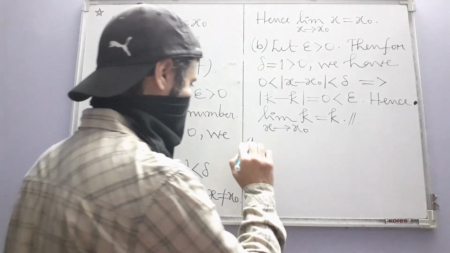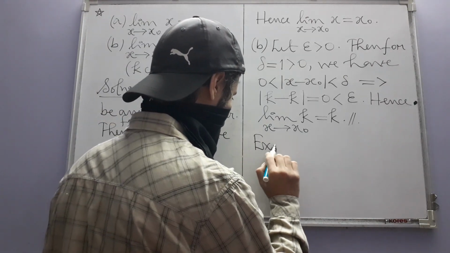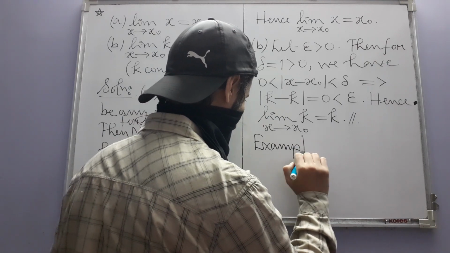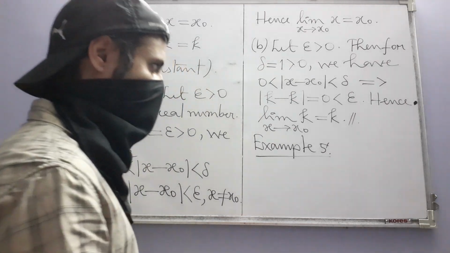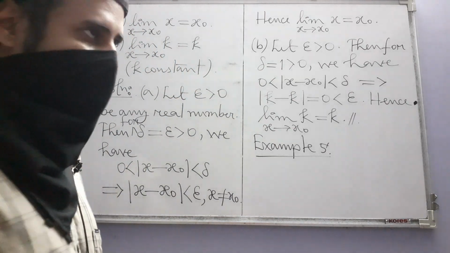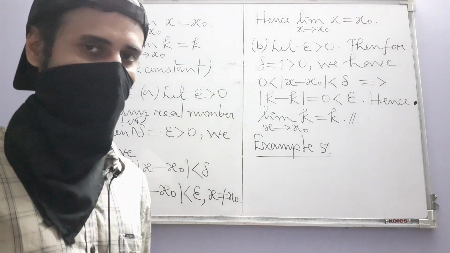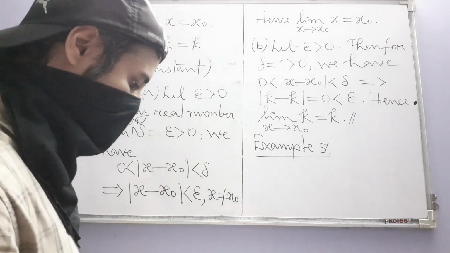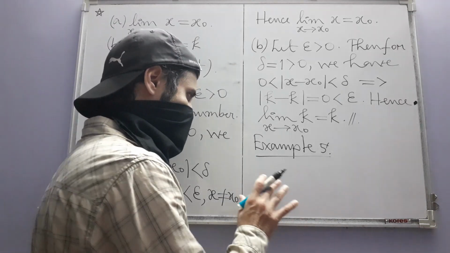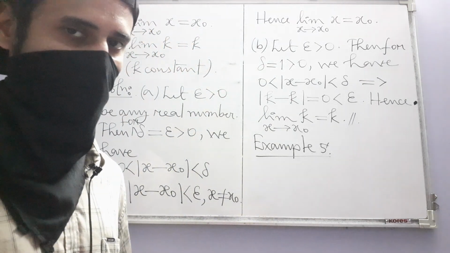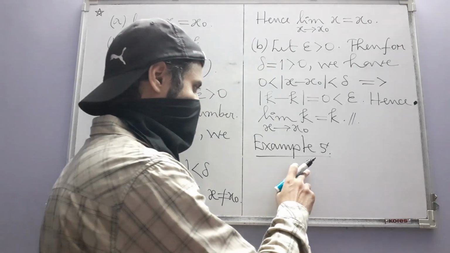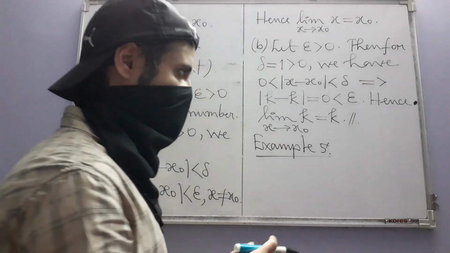Now, in the next example, we are going to make things slightly more complicated than that first one, that is the third example. And in this example, showing a limit is not our main aim, but rather a specific value of epsilon will be given.